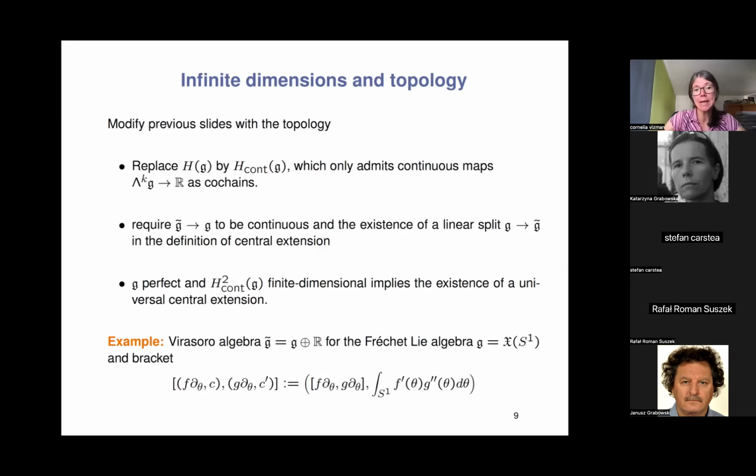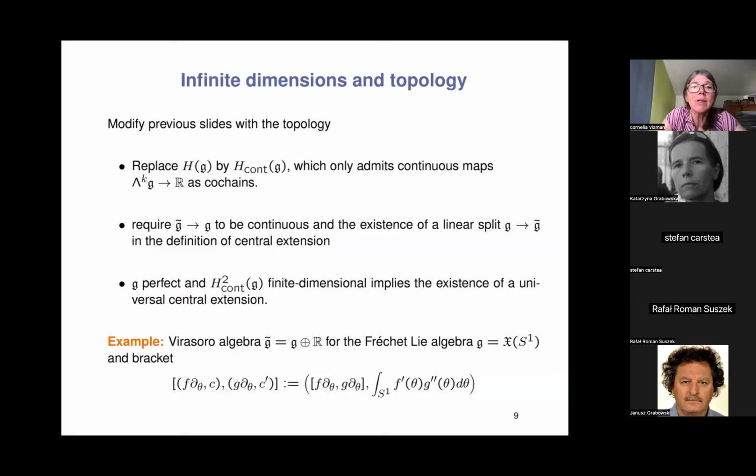For instance, in the example that I wrote below, the Virasoro algebra, G is the Fréchet Lie algebra of vector fields on the circle. And the extension is given by the Virasoro cocycle, the integral over the circle of f prime g double prime, which is continuous in both entries.